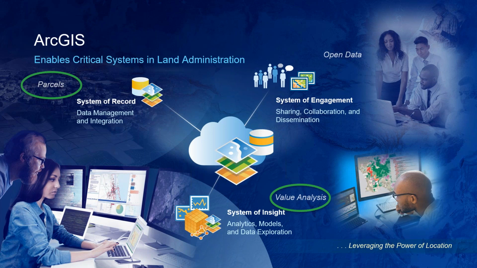The system of insight delivers advanced spatial analytical capabilities for calculating value and understanding land value trends. And the system of engagement delivers a secure data sharing system. You can control who you share data with, what they get, and what they can do with the data. This is extremely powerful. All three systems are interconnected on a single platform.